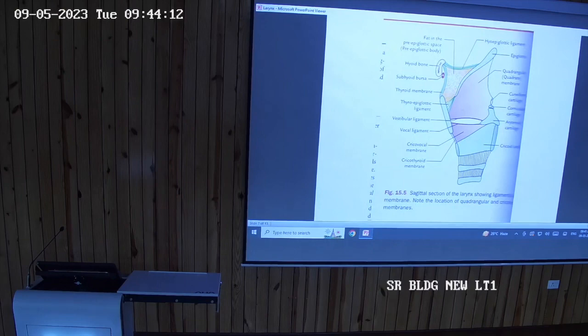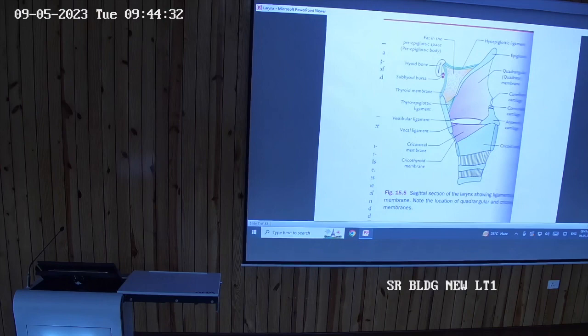Okay. The important one, look downward. The membrane extending from the complete upper border of the cricoid cartilage, attached along the upper border of the cricoid cartilage, extends to the posterior surface of the thyroid cartilage.